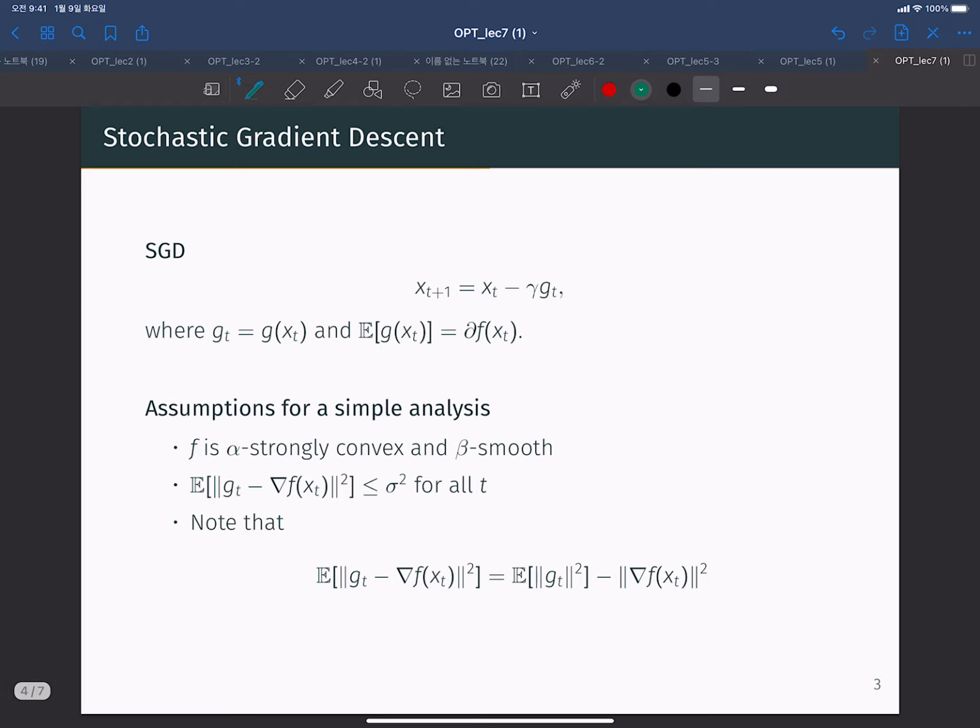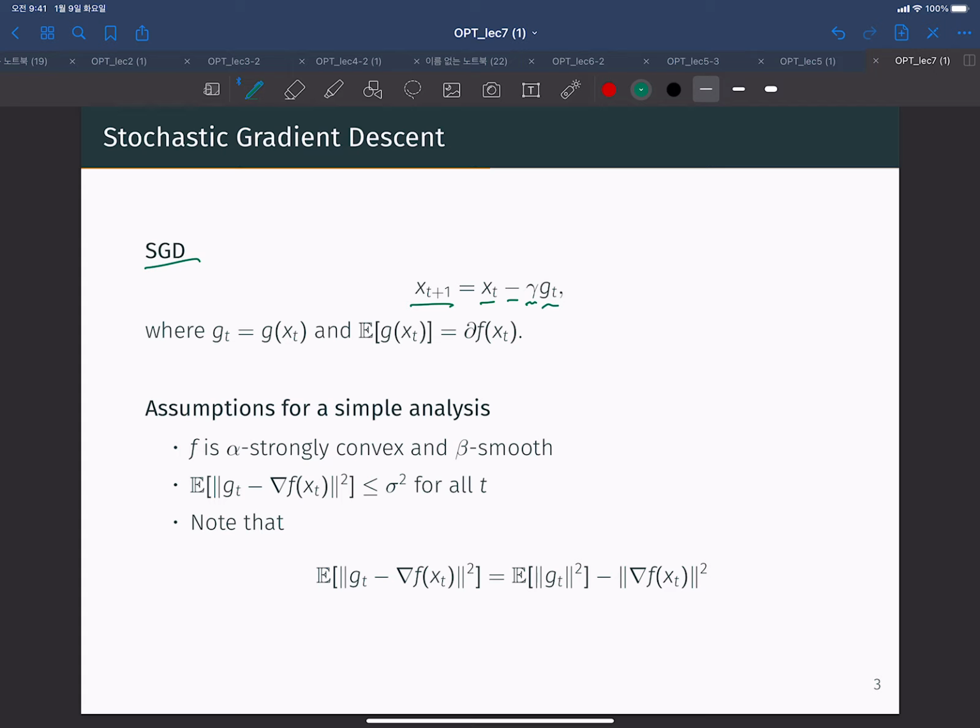So with the stochastic gradient oracle, we can run the gradient descent algorithm, and that is called stochastic gradient descent. Like gradient descent, we update x_{t+1} from x_t minus the step size, or learning rate, gamma times the stochastic gradient oracle g_t.